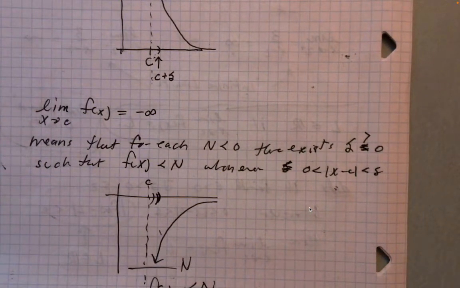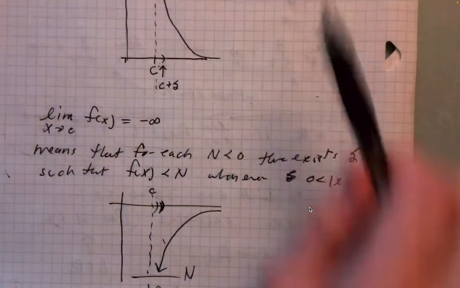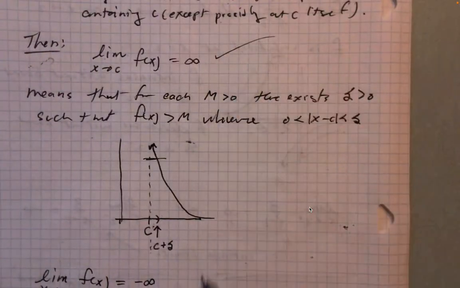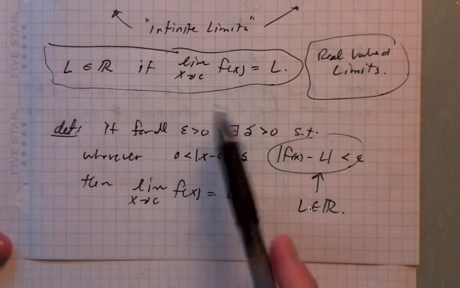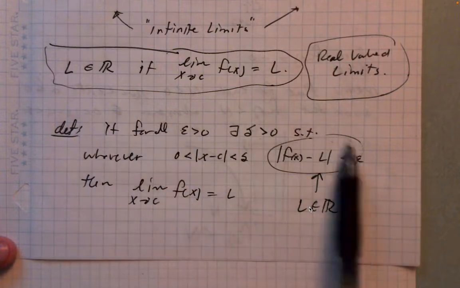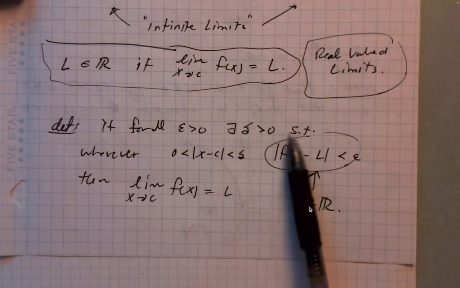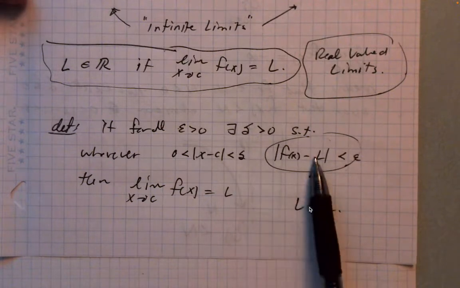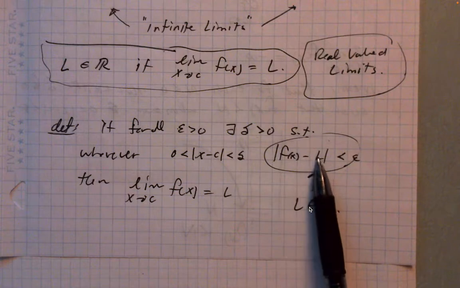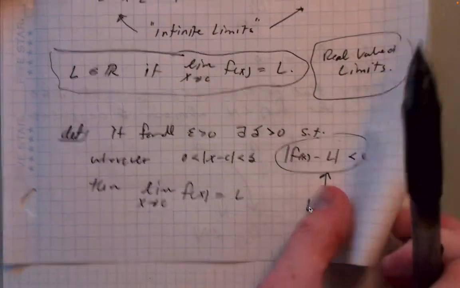Okay. Very good. So that is, again, the definition of the infinite limit. Now, contrast that with the definition of a regular real valued limit, and obviously you can see that there's a big difference, right? There we're looking for a value of the function very, very close to a real number.